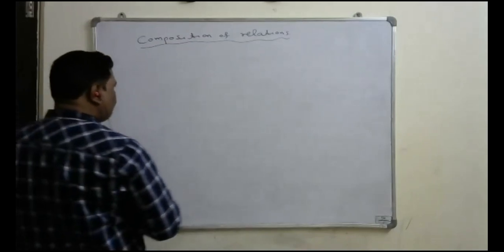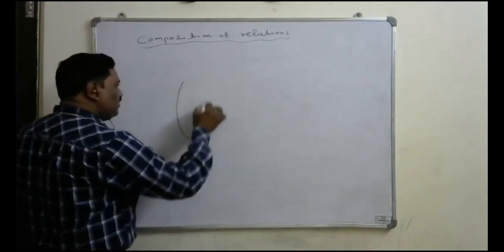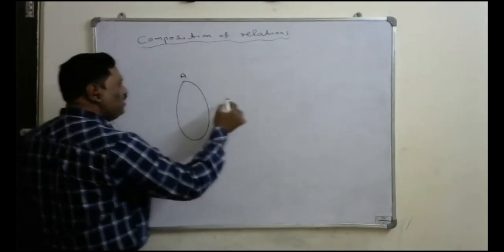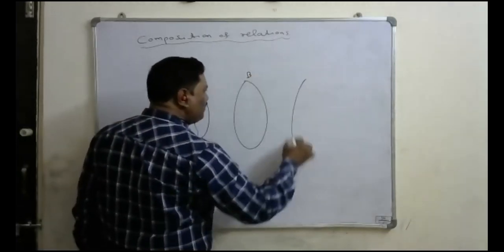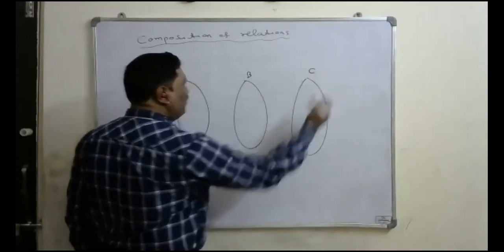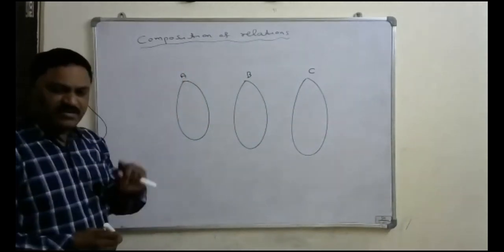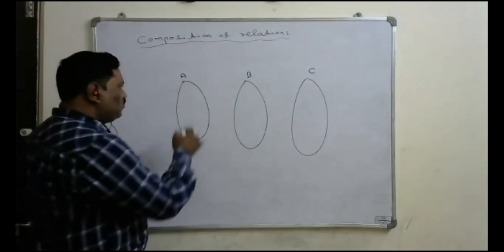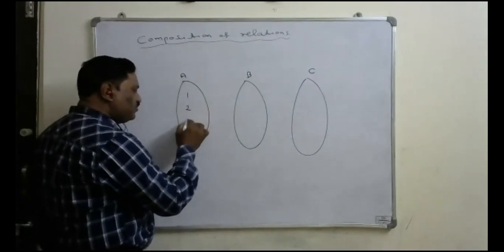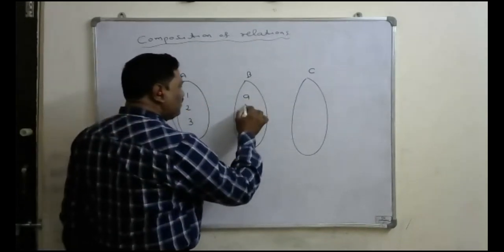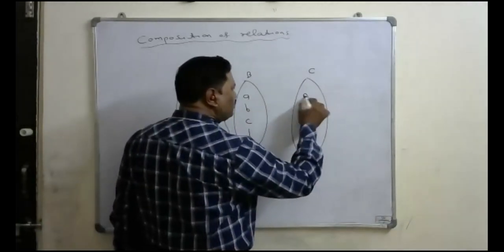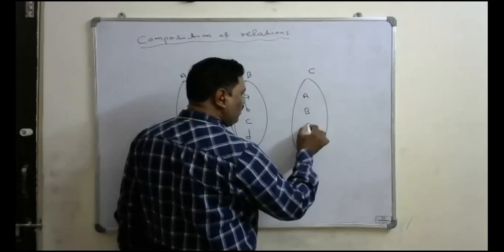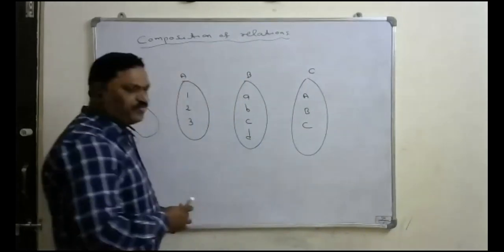Suppose, for example, there are 3 families. Let us assume that A is one family, B is another family, and C is the third family. A has some members, B has some other members, and C has some other members.